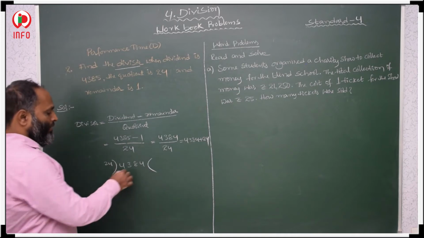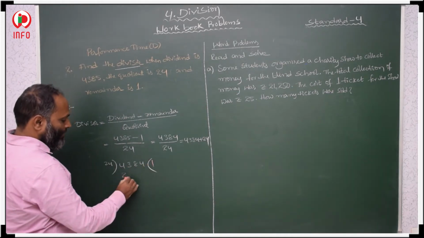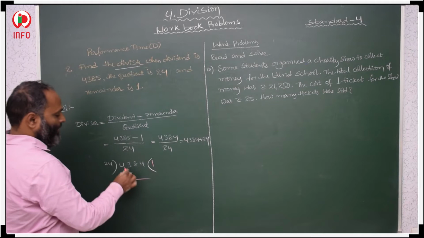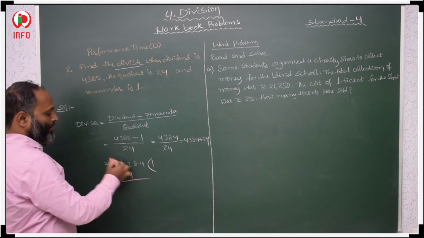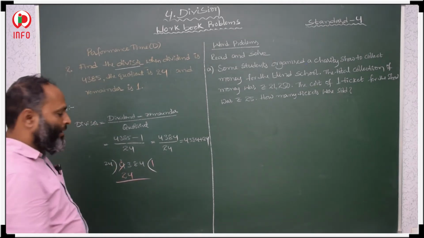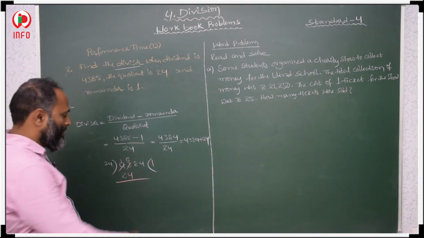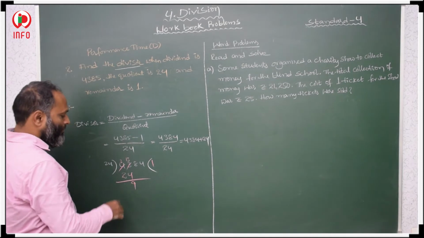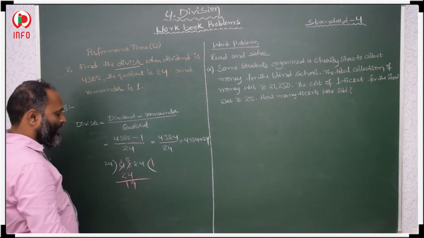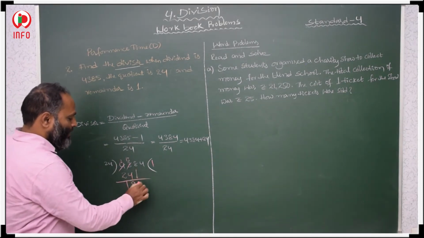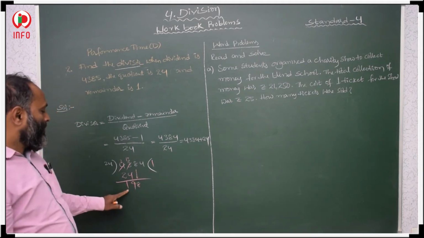24 ones are 24. Then borrow here, so this will decrease by 1 and here it will increase by 10. 13 minus 4 is 9, then 3 minus 3 is 0, giving 19. Next we take 8, so 198.